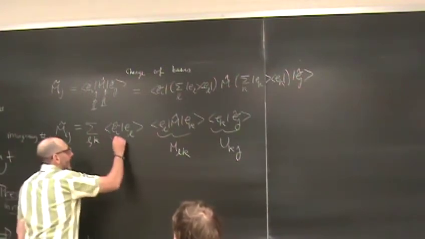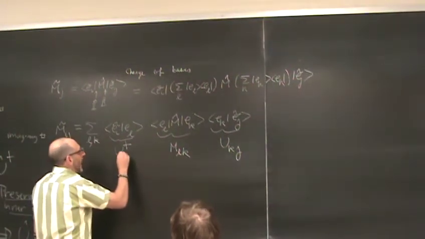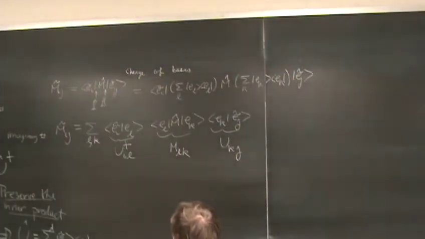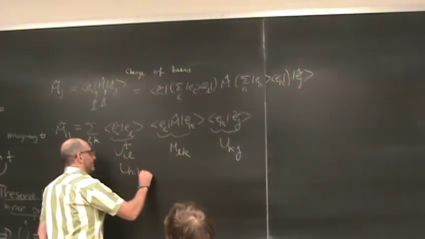And this is, as we showed last time, the adjoint in matrix. Right? So this is a unitary transformation that takes me from this basis, this is an example of what we call a unitary transformation.